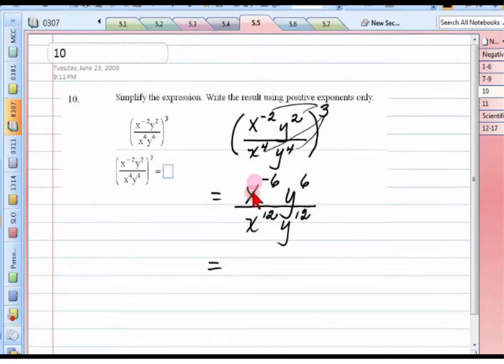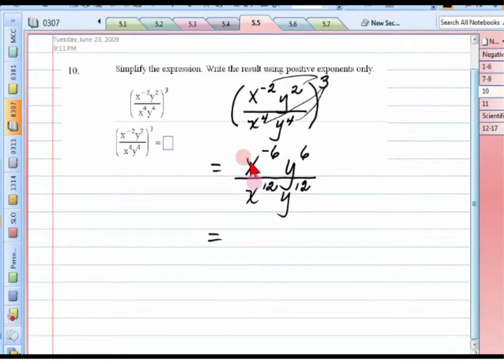Now, do I have a product of like bases? No, I have a product, but it's not like bases. Do I have a quotient of like bases? Yes. So the quotient rule says keep the base, write the top exponent minus the bottom exponent.